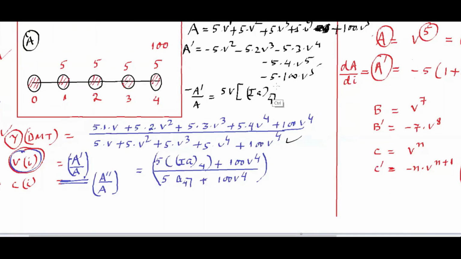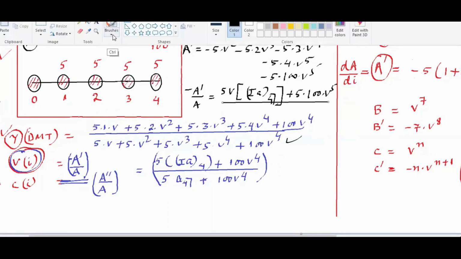Here also if you take, okay, you keep it separate. 5 is here, 100 v5. Okay, we'll see later. Minus will not write because we have taken already here. Now if you see the denominator here, you have to write 100 into 4 into v5.